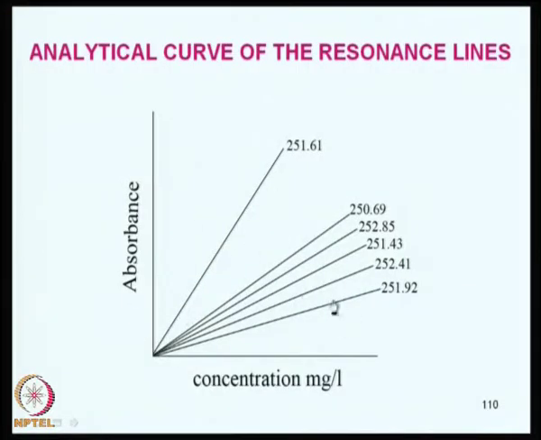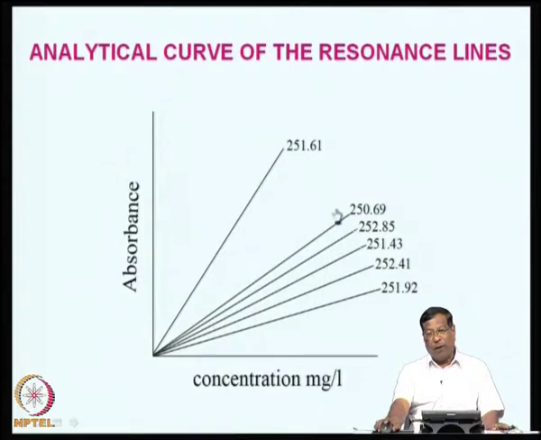If any background radiation is also emitted by the source, then a curved calibration graph is required. For example, in the previous slide, what I had shown you were all very straight line curves, but if you use a band of wavelengths, you will get curved calibration curves.